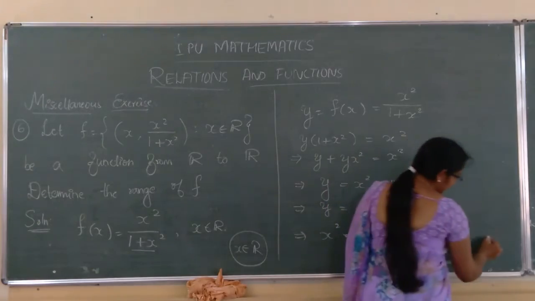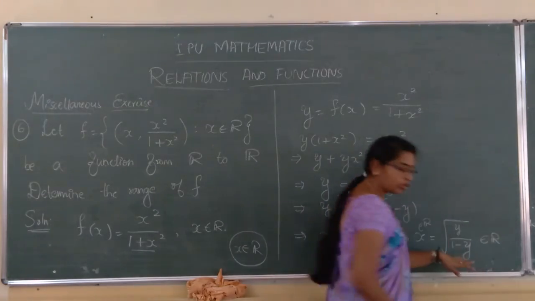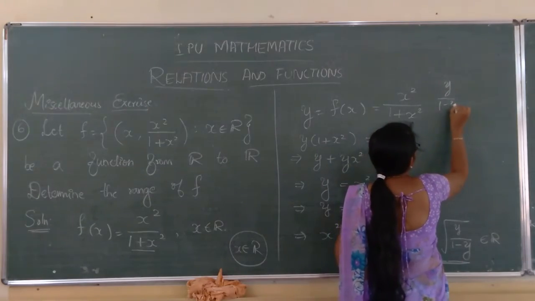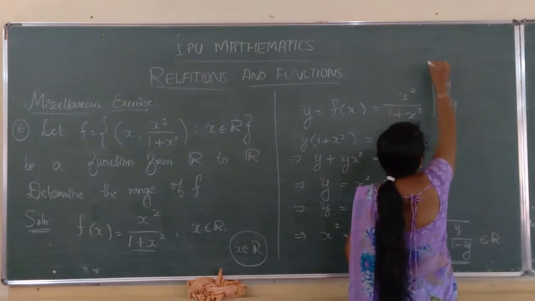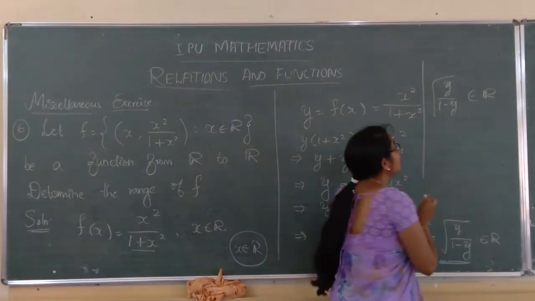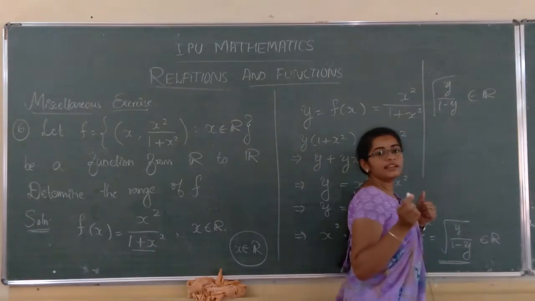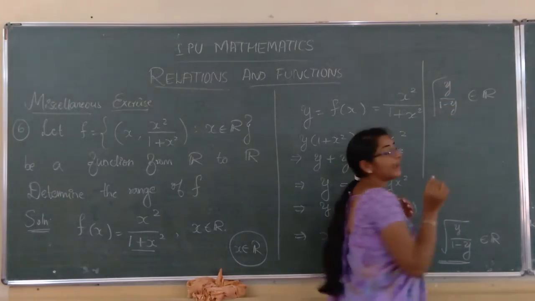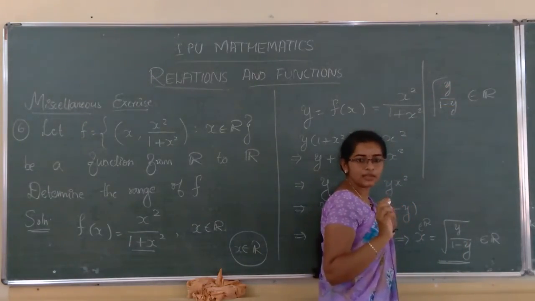Similarly, the right hand side should belong to R, that is y divided by 1 minus y. Square root of this thing should be a real number. When will this be a real number? When this whole thing is greater than or equal to 0, right?